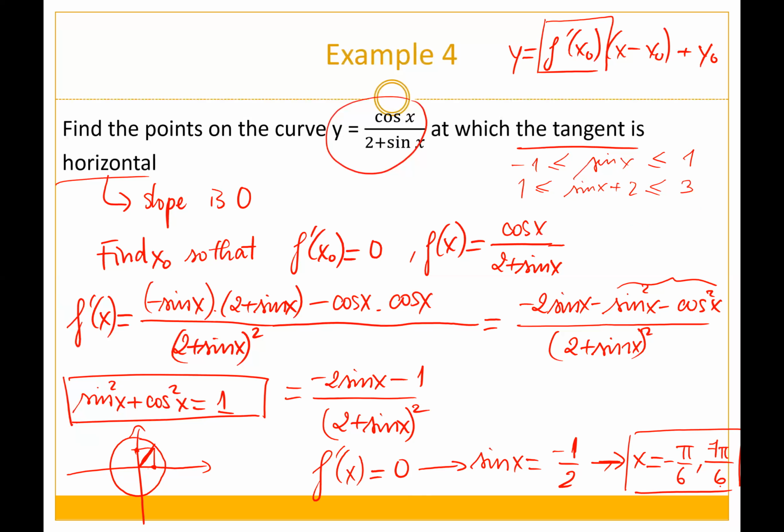Yes, that is the answer. It's going to be easy as long as you identify what exactly you need to find in the question. Here we rephrased it as finding x0 so that the derivative at that point is 0.